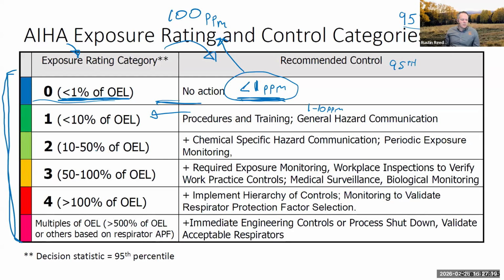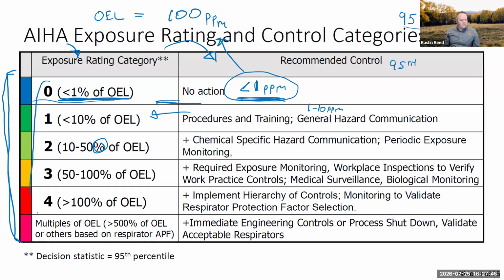So you could replace the percent here with parts per million in this example because my OEL equals 100 parts per million. It makes the math easy. And we're only going to use 100 parts per million for our math today, but we can talk about what it would look like if it wasn't 100 parts per million. You might want a calculator at that point, but still pretty simple math.